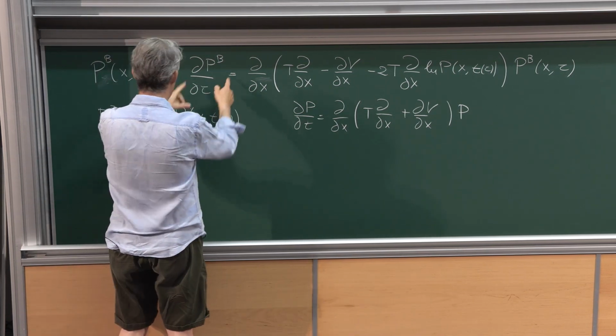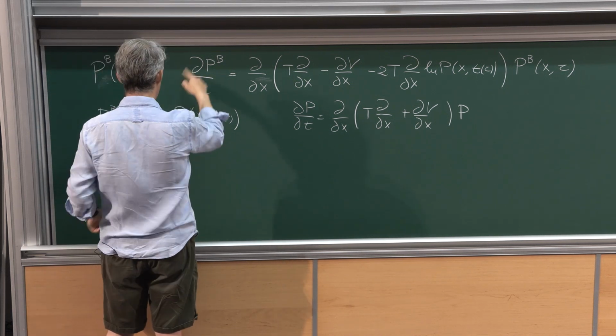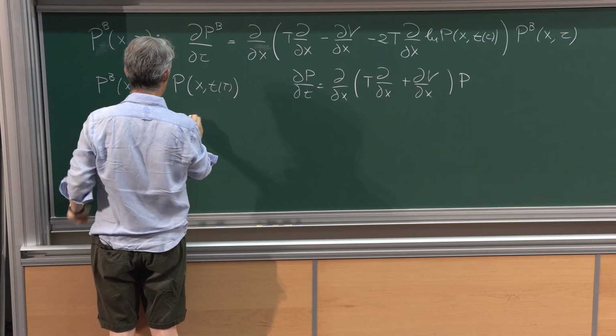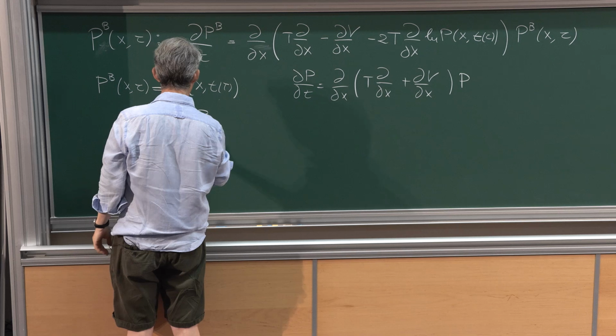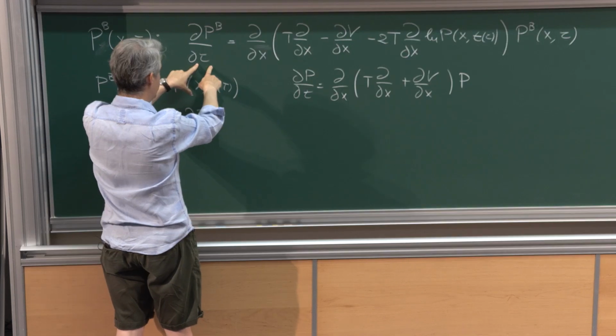So let's plug it in. When I plug it in and change tau into t, on the left-hand side I get minus dp dt. I just take this, put it here, and d tau becomes minus dt.